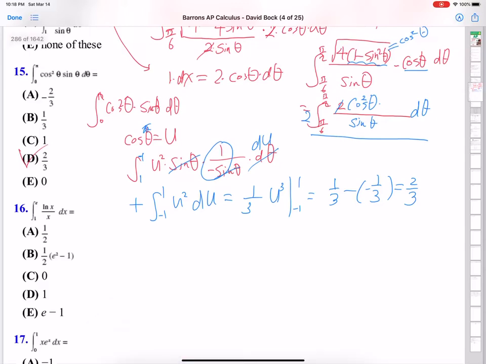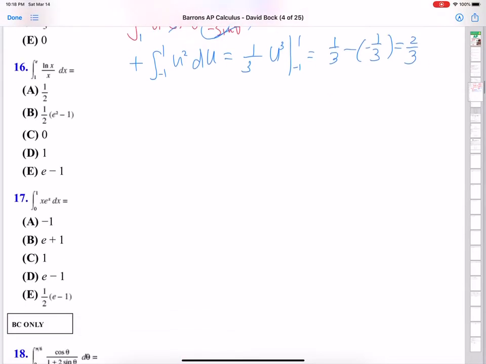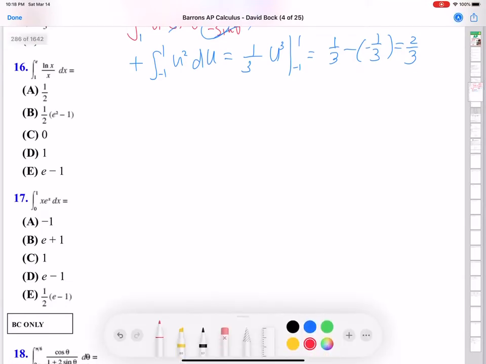Number 16. Number 16 says integral from 1 to e ln x over x dx. This is another u substitution. I let ln x part be u part because the derivative is 1 over x, and the 1 over x is already there. It will be crossed out. So integral u over x, then change dx to du.